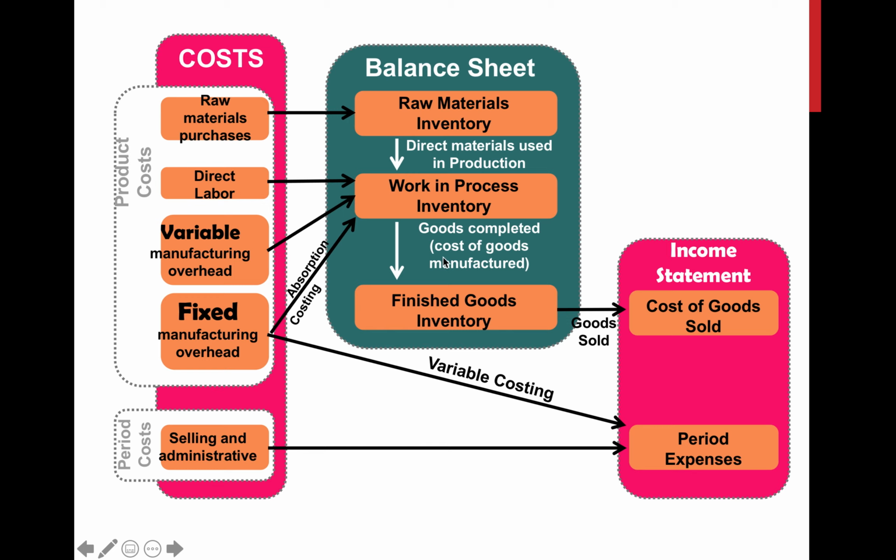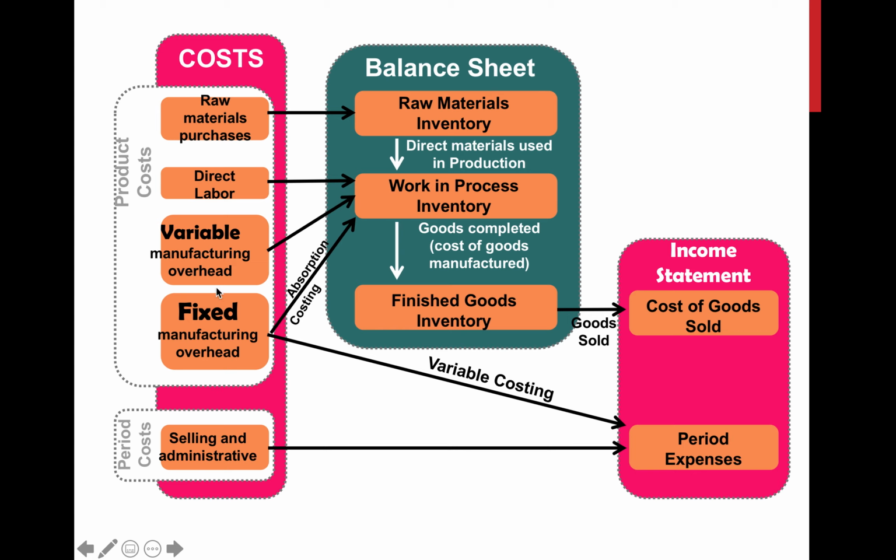Remember that I told you that always, under absorption costing, your inventory that gathers all the units that you have produced or are producing at that exact time is higher than the cost under the variable method, because on variable you haven't included the fixed manufacturing overhead.